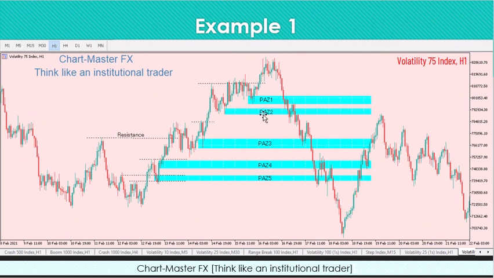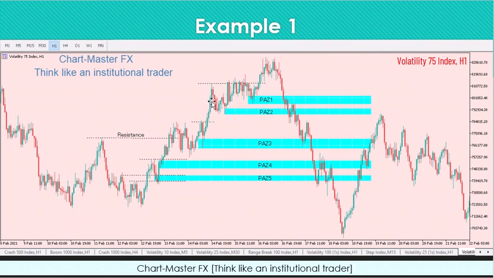So this is what happens, guys. As you can see here, you have drawn your line of resistance. The price went up and came down and created a higher high, so this one qualifies as a flag limit. You draw to the low, you draw your order block kind of, which is your price action zone.